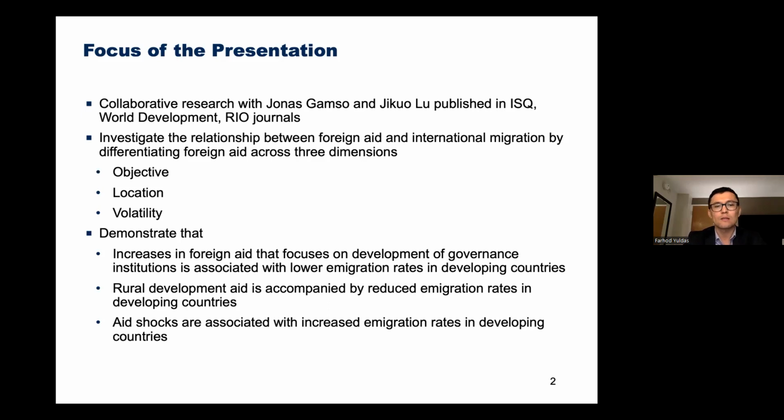The second is that when foreign aid is focused on rural areas, agricultural development and rural development, it is often also accompanied by reduced immigration rates in developing countries. And third, aid shocks, or very negatively volatile foreign aid distributions across years, are associated with increased immigration rates out of developing countries. So these are the three main claims that we find support for in our research, and we'll get into more detail in the following slides.